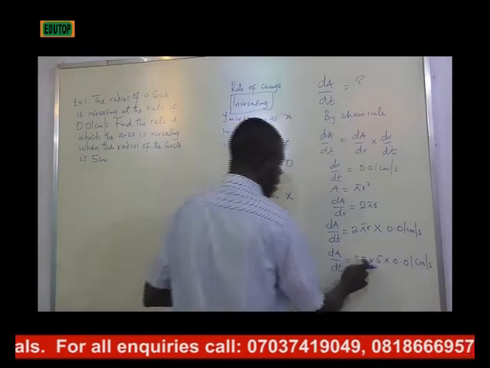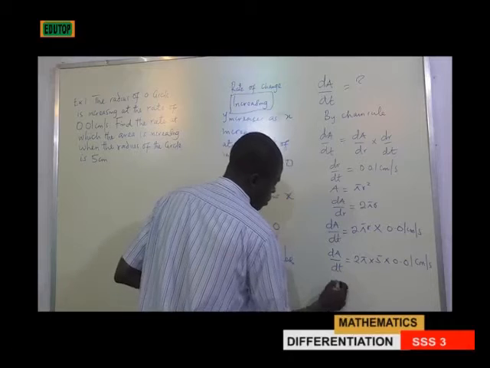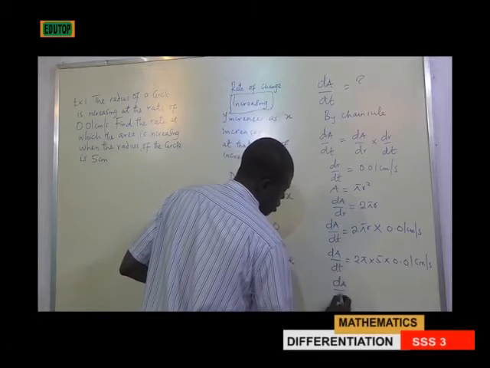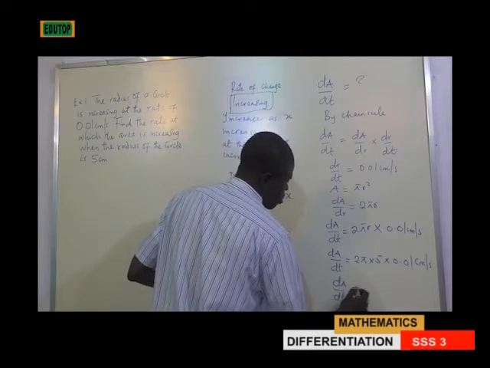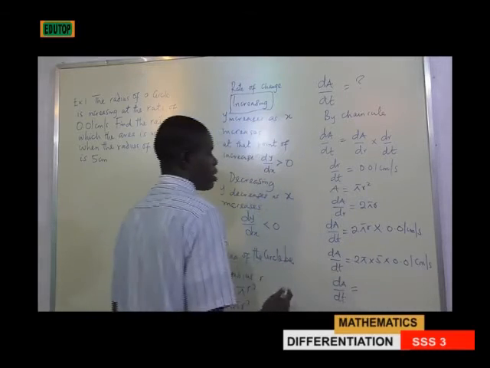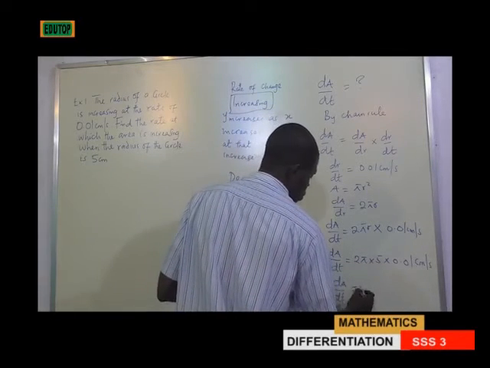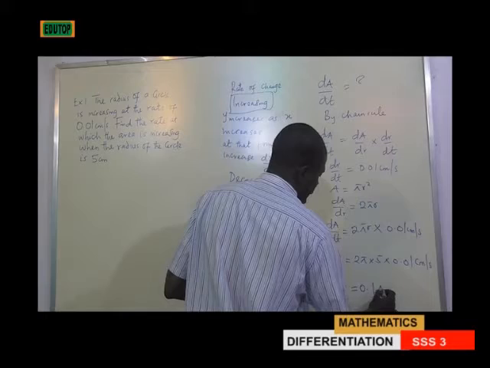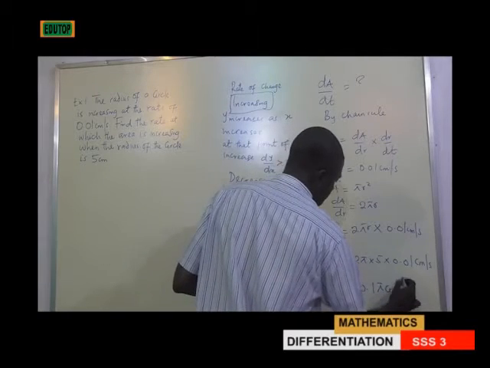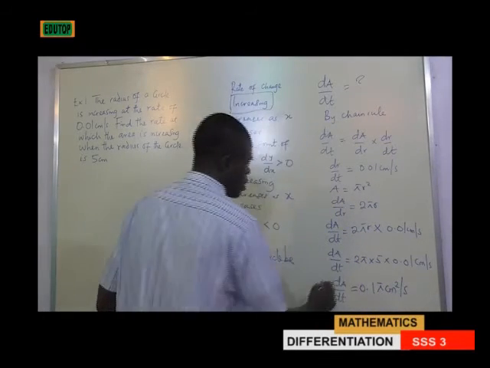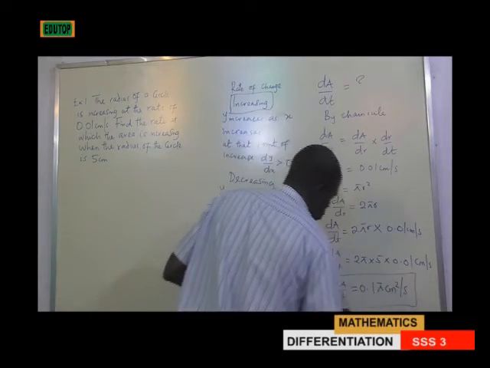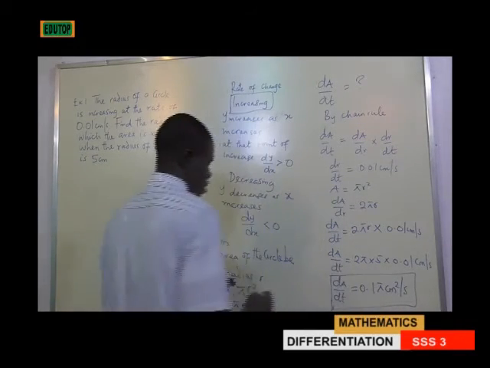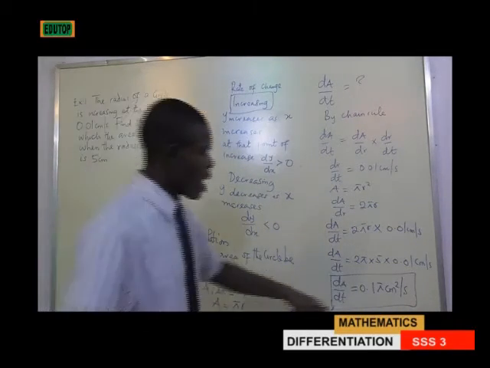If you multiply these, we are going to have dA/dt to be 0.1 pi centimeter squared per second. So this is our dA/dt with respect to pi, and pi is part of our answer.